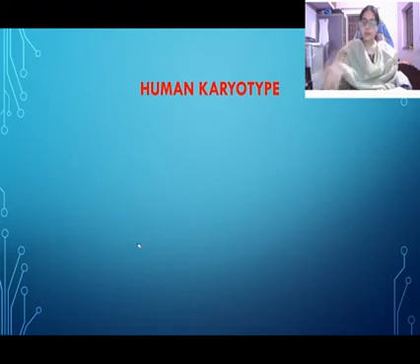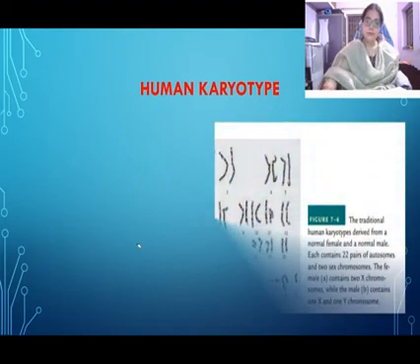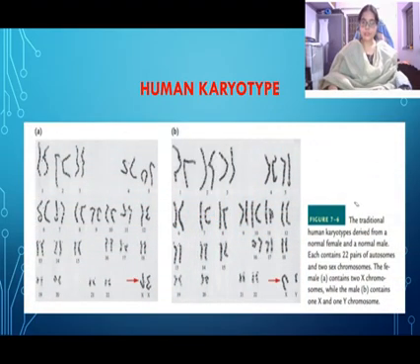Now the human karyotype is given here. This picture is taken from the book on molecular genetics written by Klug. Here is the karyotype for the female, because X and X chromosomes are there, and this is the karyotype for the male, because XY chromosomes are there.